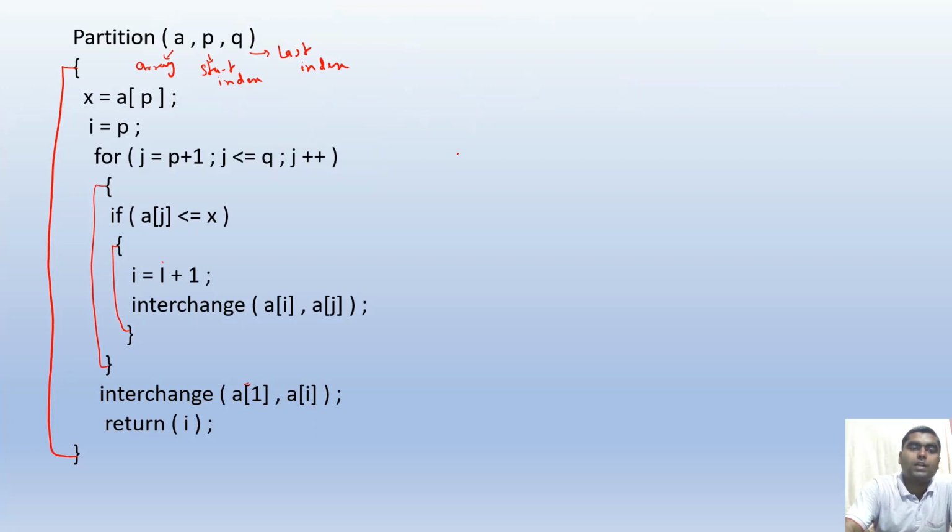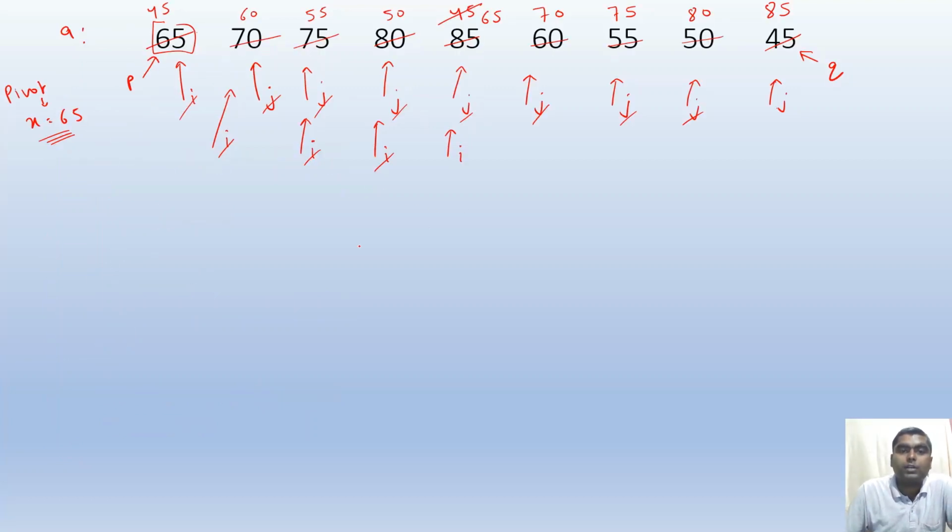So see here, we are returning i. Again, if you observe carefully, I am writing it again. So what will be the solution? All the values are changed. Okay, just write the updated values.